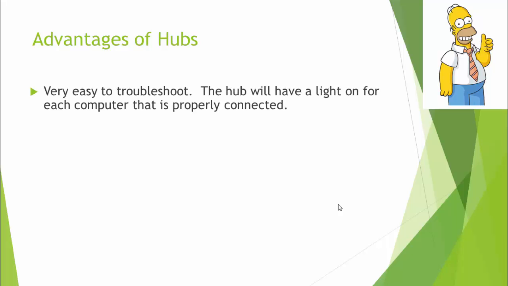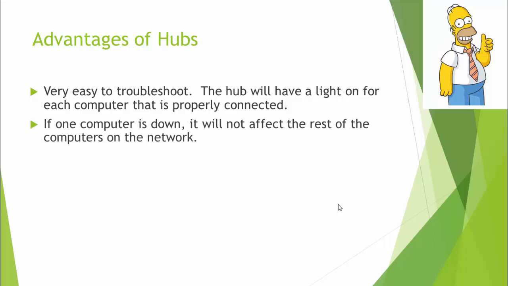Now, hubs are extremely easy to troubleshoot, essentially because they don't interpret the data in any way. They simply send information, shout it from the rooftops, if you will, each time any data comes in. And if one computer goes down, it won't even really notice.